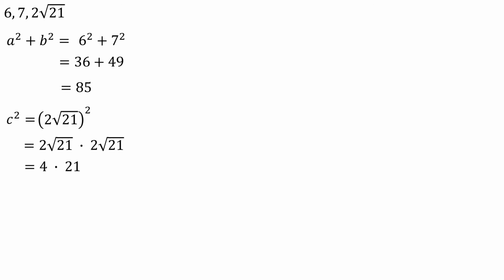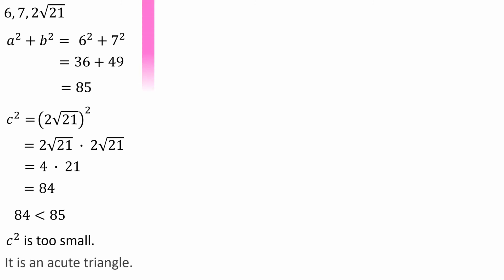And of course, 2 times 2 is going to make a 4. Square root of 21 times square root of 21 comes out as just 21. 84. Ooh, close, but not quite. 84 is less than 85. So C squared is too small, and so it is an acute triangle.